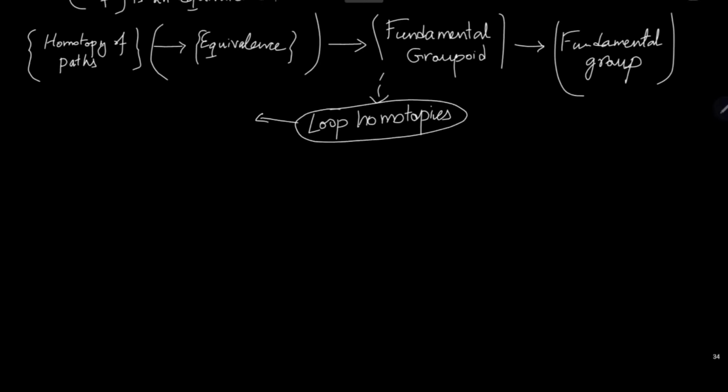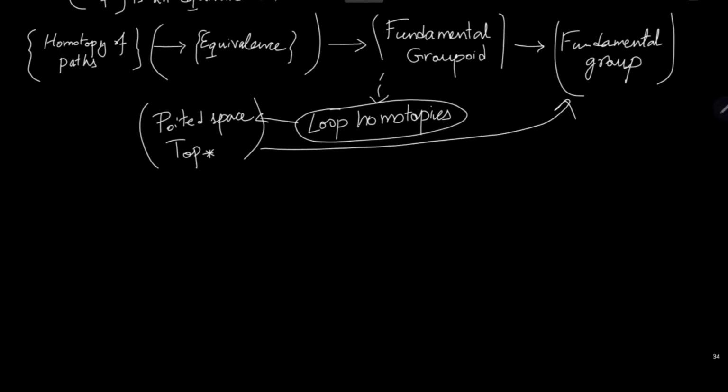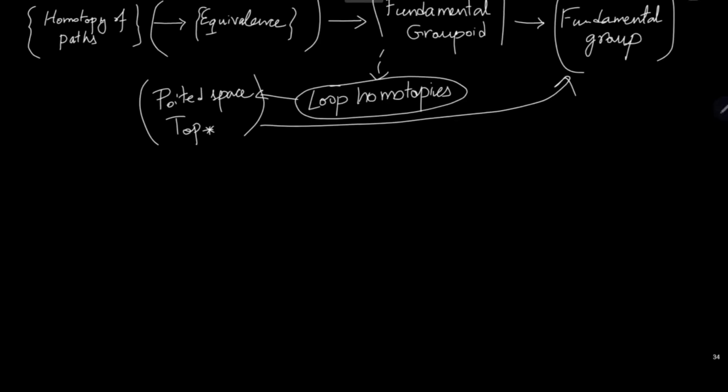And there we'll be talking about pointed spaces and the category Top star. And from there we'll be just looking at the fundamental group directly. So I guess that should be the route map that we are to be following right now. Okay, so let's get this going.